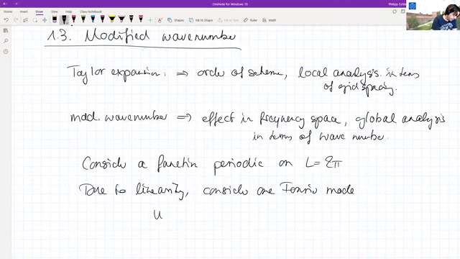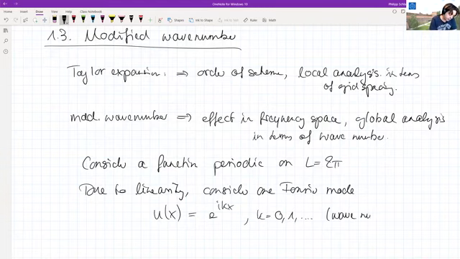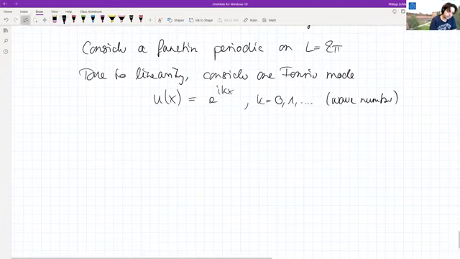And one Fourier mode periodic on 2 pi would be something like this. u of x could be e to the i k x. And this k here would be integer numbers. So it could be 0, it could be 1, and so on. And of course, this is what we would call the wave number.